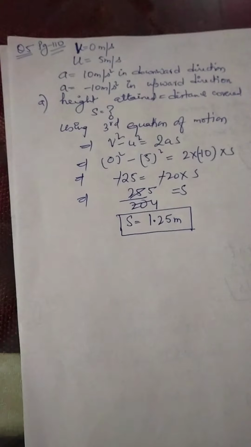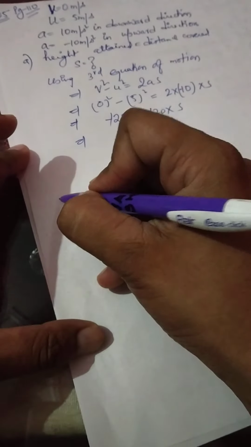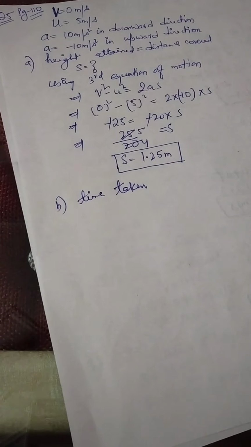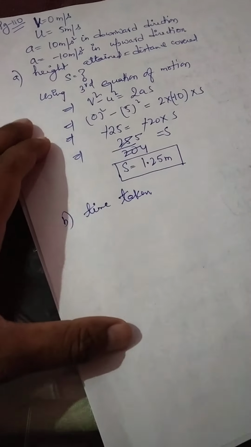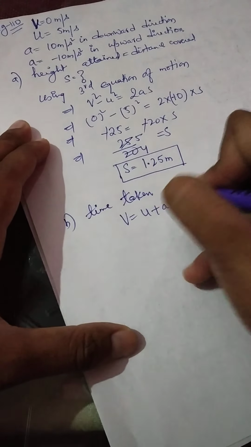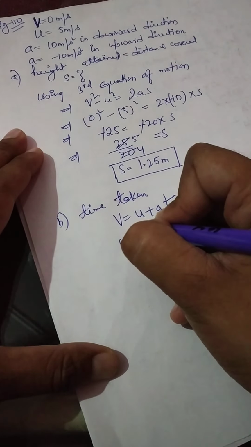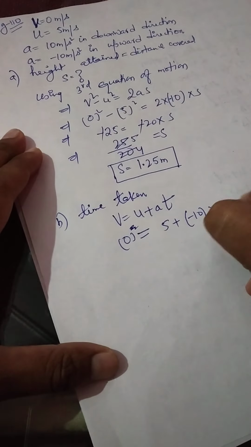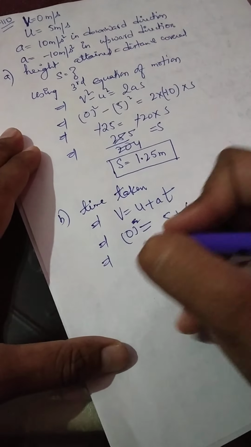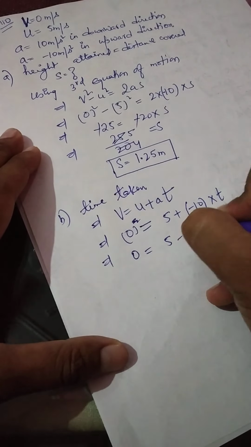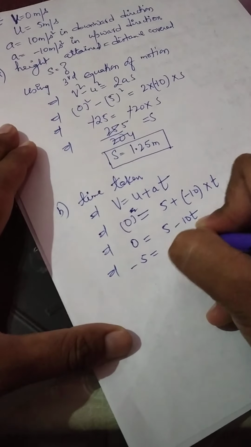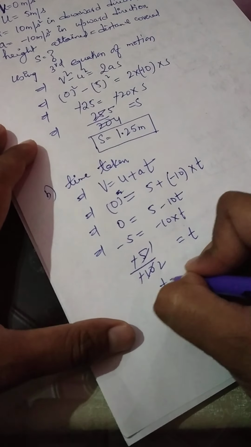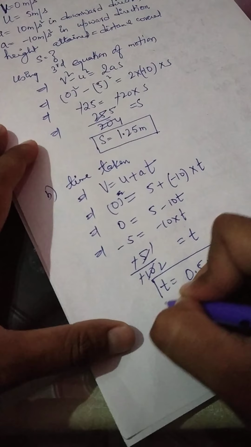Now we have to find out the time that it takes. To find out the time, simply we can make use of the first equation of motion. 0 equals 5 plus acceleration, which is negative, times t. The time will be 0.5 seconds.